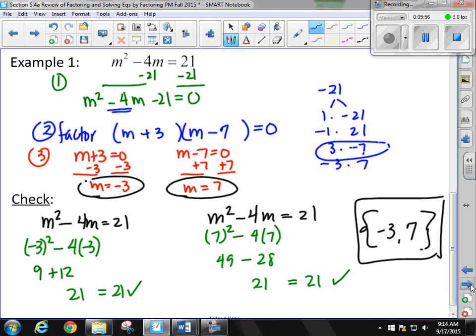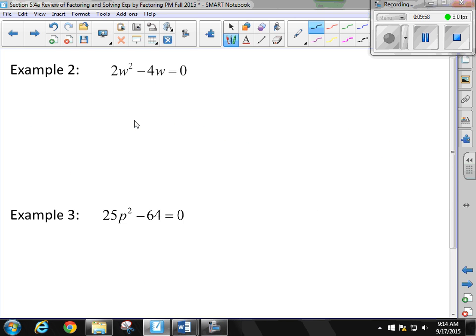Let's do another couple of examples. 2w squared minus 4w. I do already have 0 on this side of the equation, so I can start by factoring. Common factor here, 2 times w minus 4 is 2 times w, so I can take out a 2w, and what I'm left with is w minus 2 equals 0.